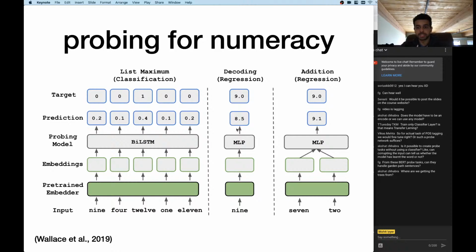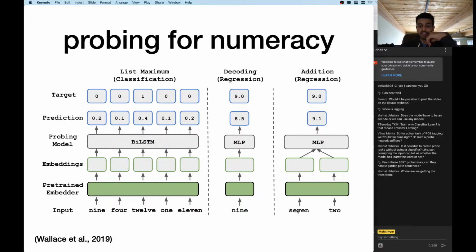This could just be a simple linear layer that, instead of putting a softmax over it, we put a square loss over it to predict the actual value of this number. So the target here is 9.0. The model produces 8.5. Does it really understand what 9 is?